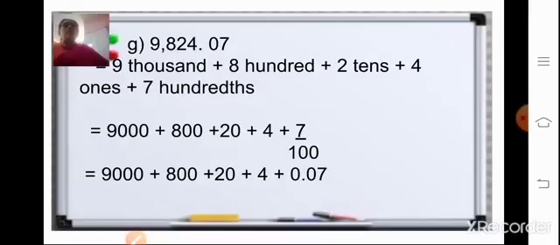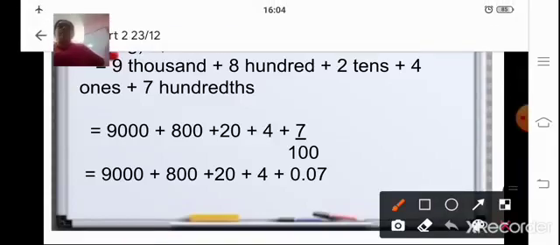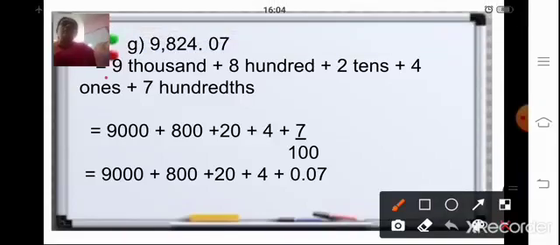G1, 9824.07. So 9 is in thousands place, so you'll write it as 9000. 8 is in hundreds place, so 800. 2 is in tens place, so 2 tens. And 4 is in ones place, so 4 ones. In the 10th place it is 0, so we need not write.